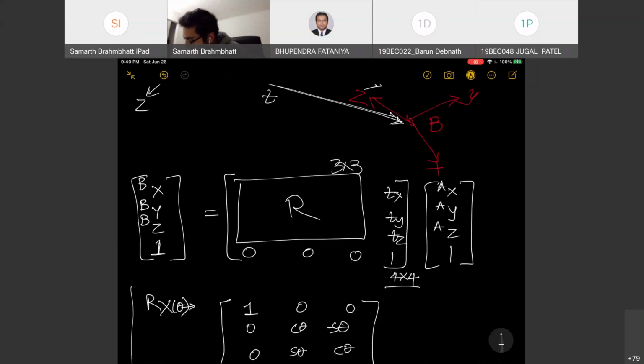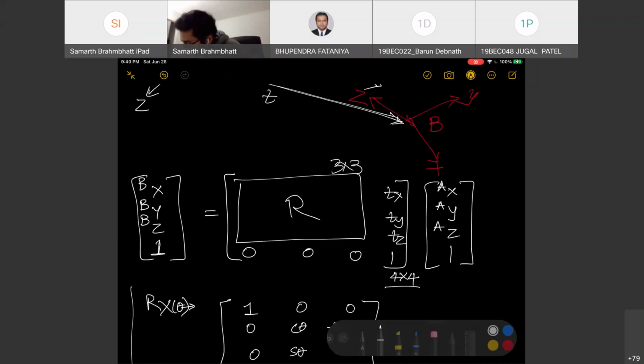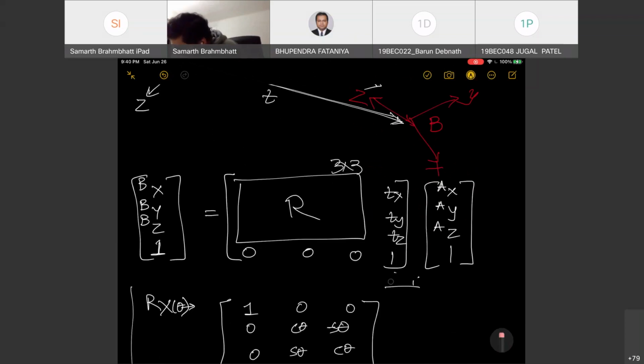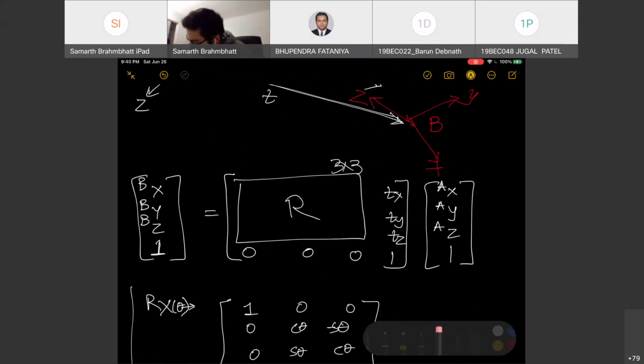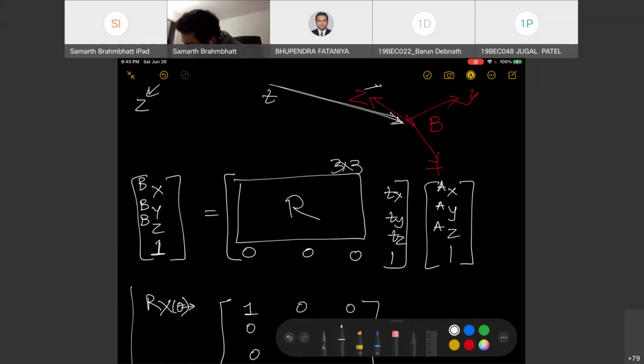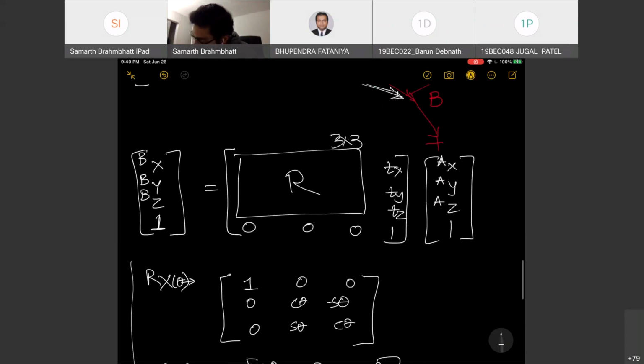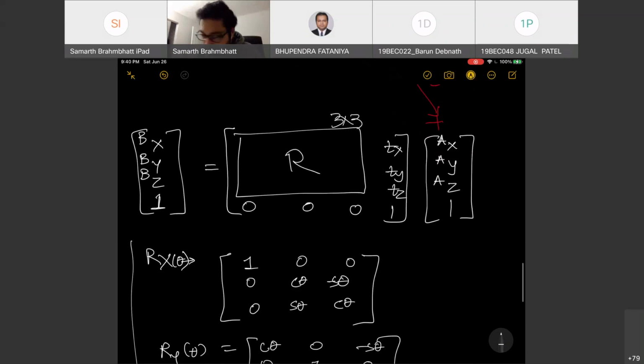And if we want to write this in a simpler form, like in vectors and matrices, then we can say this whole point is X^A.